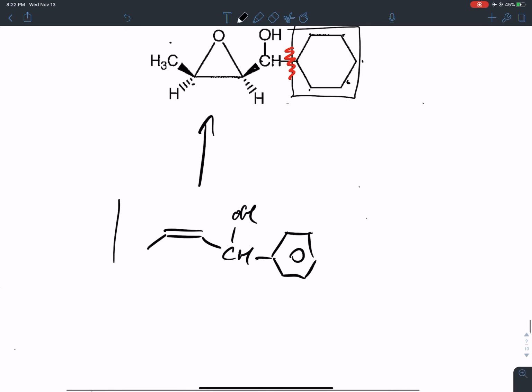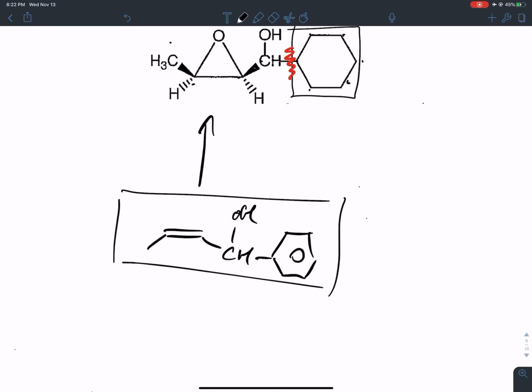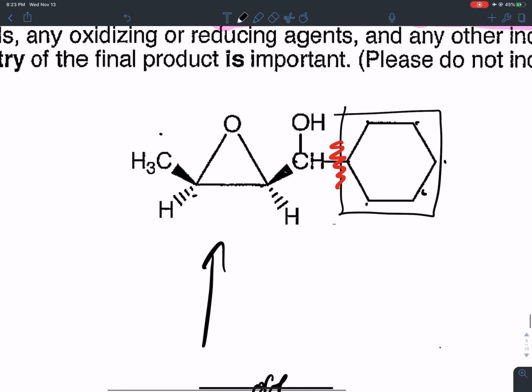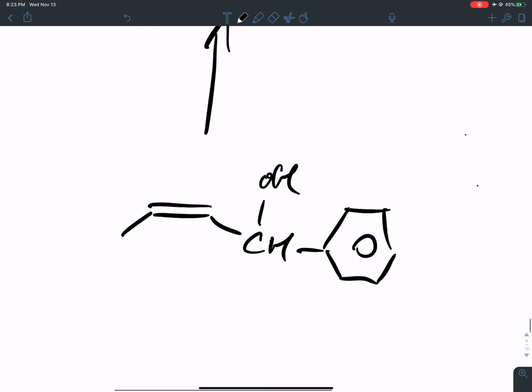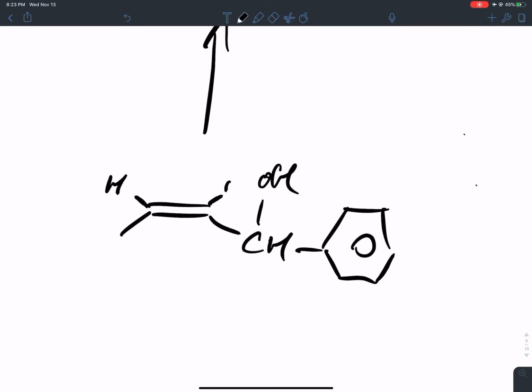Notice I made a cis double bond. That's important. What you have to do is look at the epoxide and see how the stereochemistry is oriented. This CH3 is on the same side as this CH. The 2 carbons are on the same side. So that means you need to go back to a cis double bond where those carbons are still on the same side. Up here, we have hydrogens.